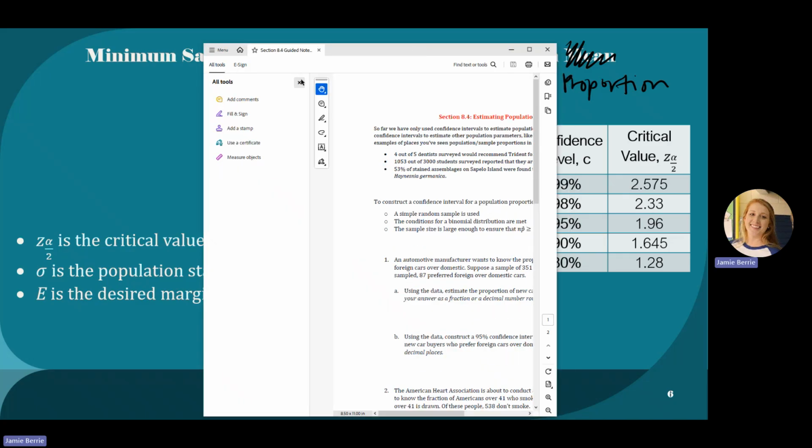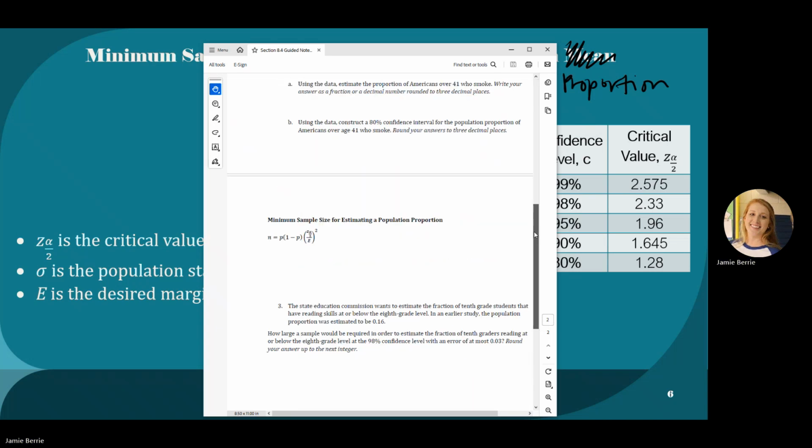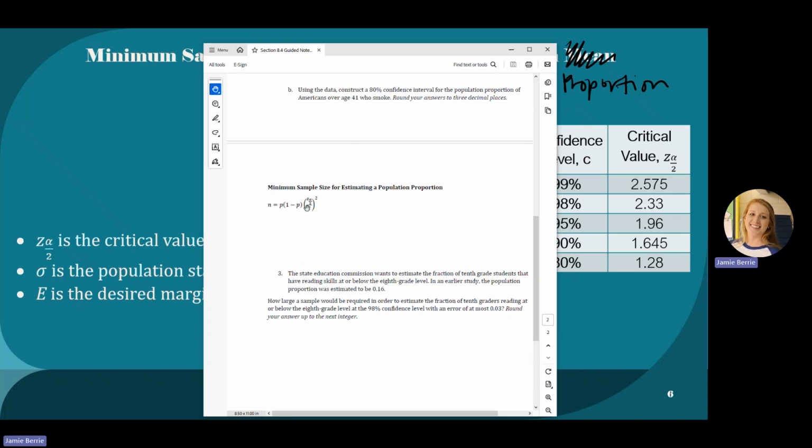All right, here's our notes. Yes, see, I've got the wrong formula in there. Okay, so P times 1 minus P, P times 1 minus P. I better write this down so I don't forget. And then the critical value over the margin of error squared. Okay.